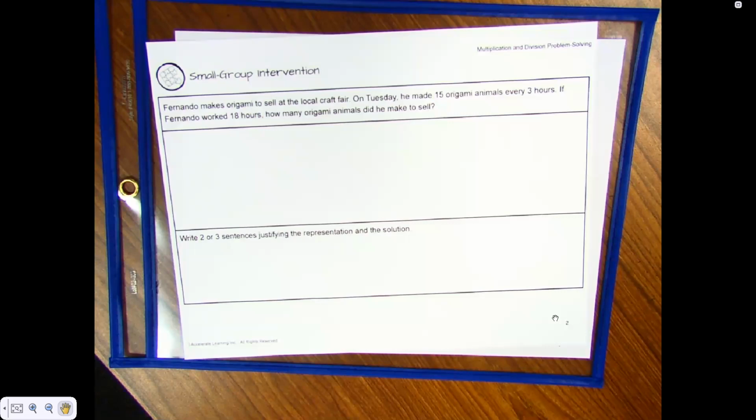Before you do any kind of math, you have to read the word problem. Well, if you don't know important multiplication vocabulary words, is it going to be easy or hard to understand the word problem after you read it? Tony, what do you think?